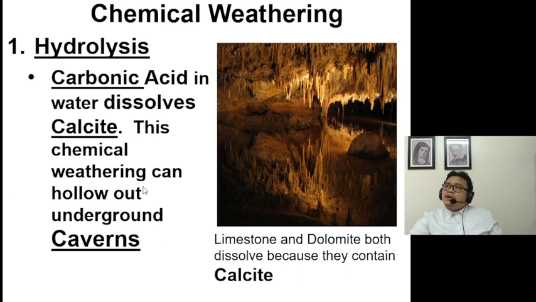So if our atmosphere is very full of carbon dioxide, which mixes with water during the condensation process of the water cycle, it develops into a phenomenon we commonly call acid rain. And this acid rain is made up of carbonic acid, which is found in water due to the presence of carbon dioxide in the atmosphere.